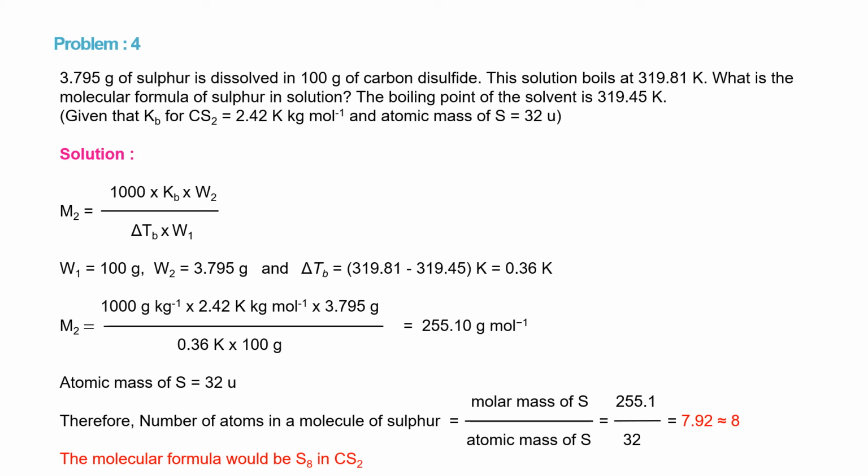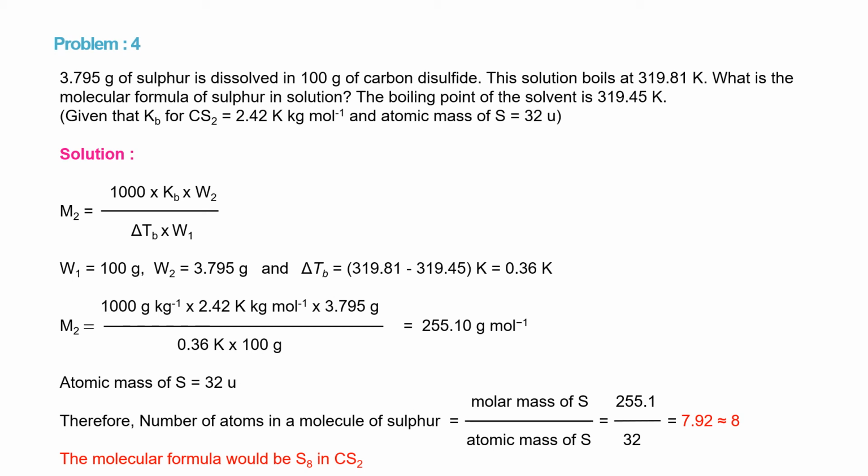So now what you have to find out is the number of atoms in a molecule of sulfur. So how will you find that? See, in this case the atomic mass of S is equal to 32 u, and the number of atoms in a molecule of sulfur is equal to the molar mass of sulfur divided by the atomic mass of sulfur. So from this formula, the molar mass of sulfur is 255.1 divided by the atomic mass of sulfur, which is 32.